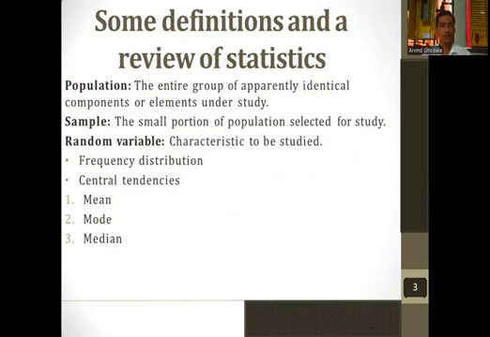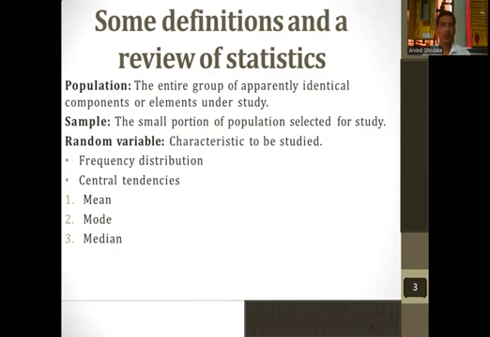The characteristic to be studied is called a random variable, just like the properties of the material or some other characteristics of a component under study. Any characteristic to be studied for a particular sample or population is called a random variable.